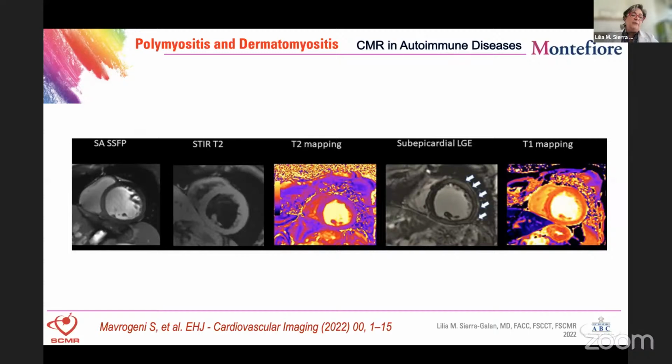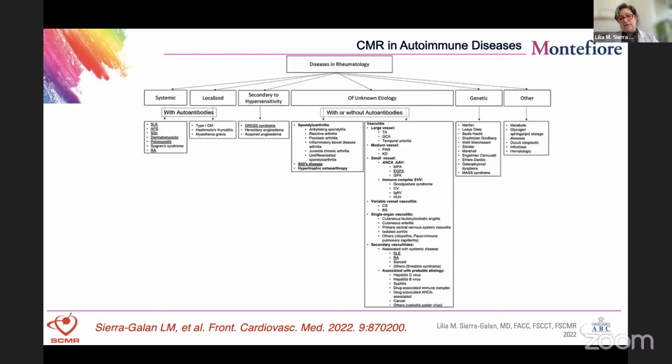So we have the ventricular dysfunction, the signal intensity increase in the T2-STIR sequence. Obviously, in the T2 mapping, we are going to have a higher value of native T2. The subepicardial pattern of LGE and the increased native T1 value.